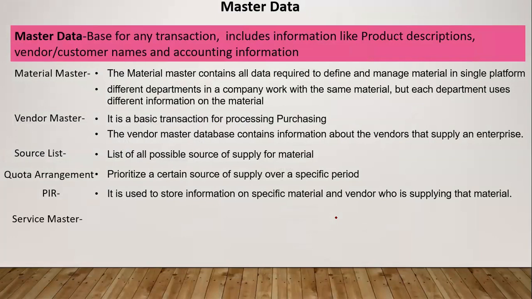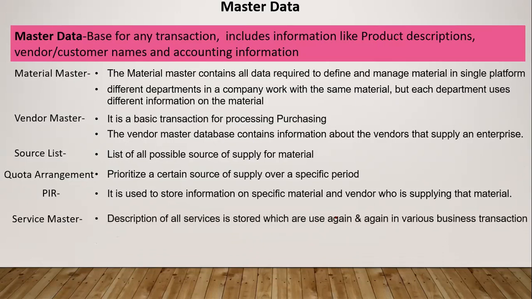If there are certain services which you use regularly, we can save them, so that it saves us time and reduces the frequency of error, since we need to enter the complete service description in the service master record only once. So we can create our standard services in the service master. In the service master, all the descriptions of the services are stored, which are used again and again in various business transactions.